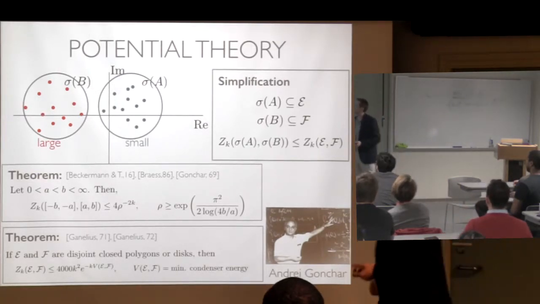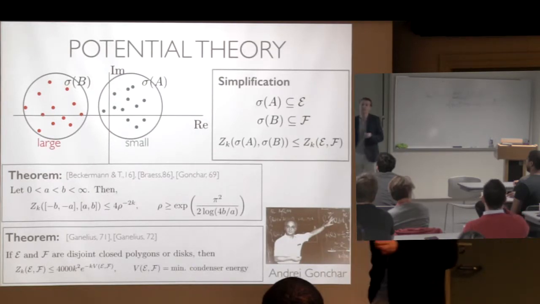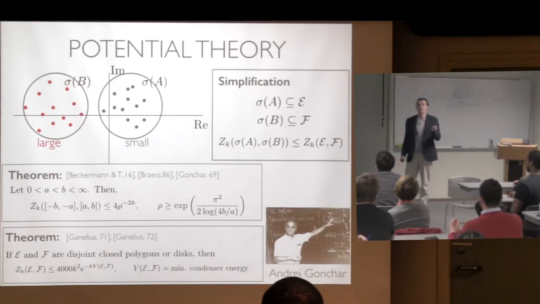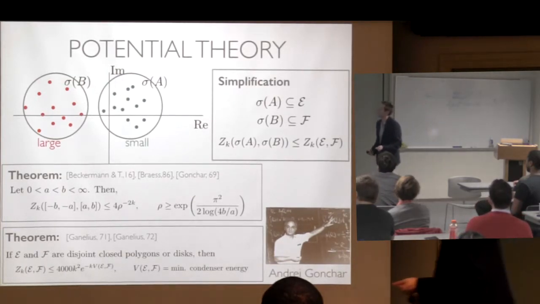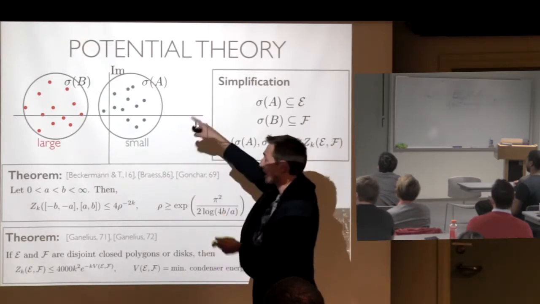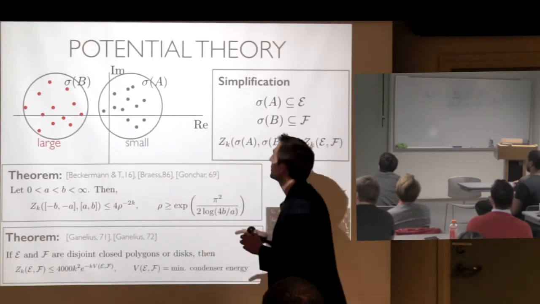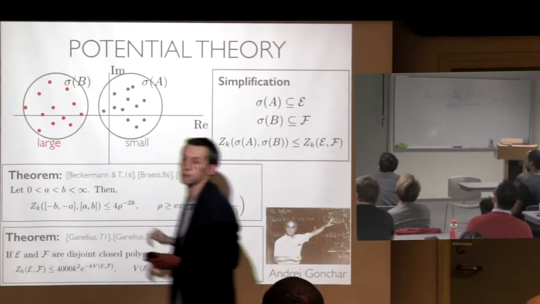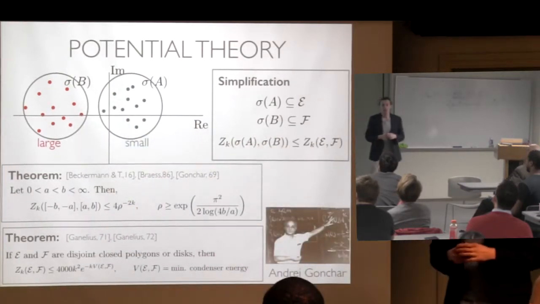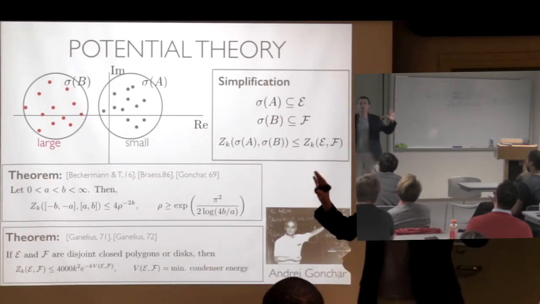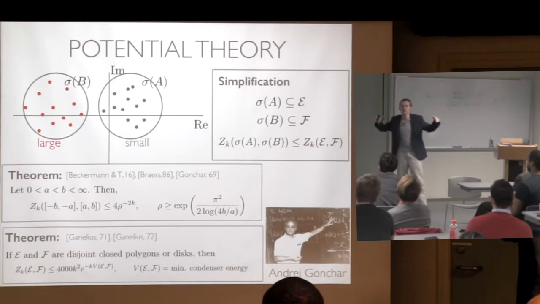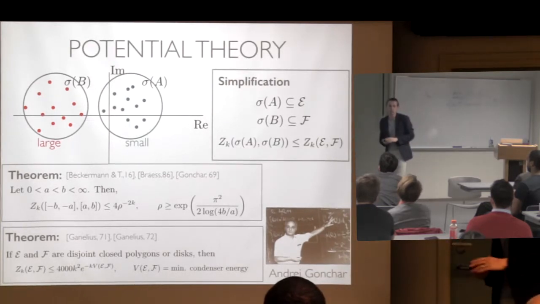I have a pocket full of electrons, negatively charged, and a pocket full of positively charged, and I throw them on these two circular plates. Let's say the negative charges go here, the positive charges go here. If those two plates are far away from each other, think about these charges moving to equilibrium.